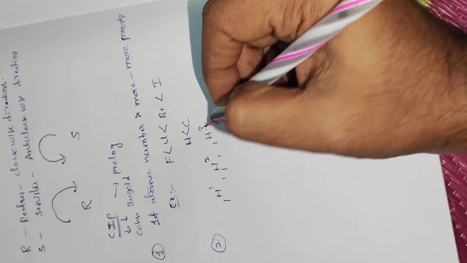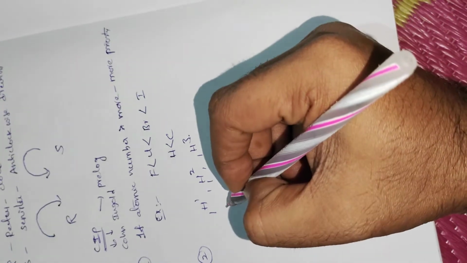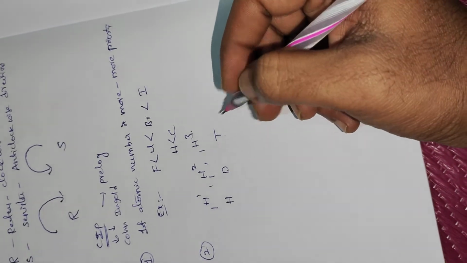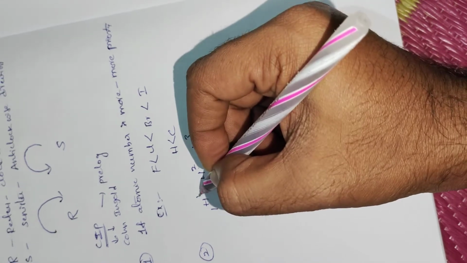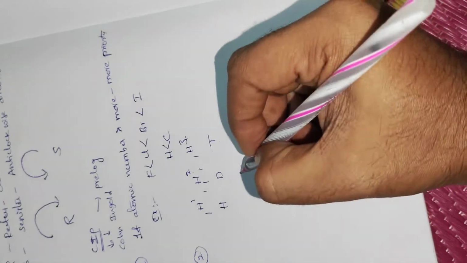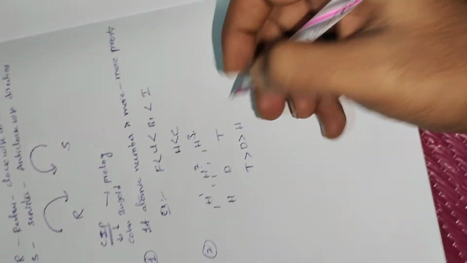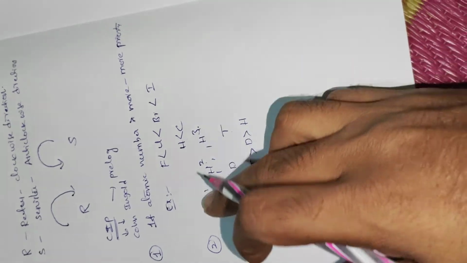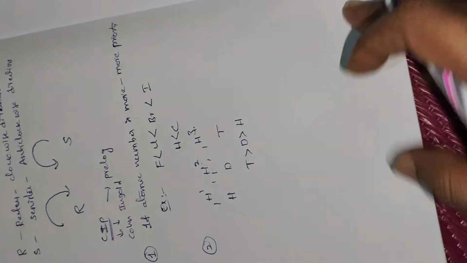Tritium has mass number 3, deuterium has 2, and hydrogen, called protium, has 1. So tritium has more priority than deuterium, and deuterium more than hydrogen. A higher mass number gets first priority.